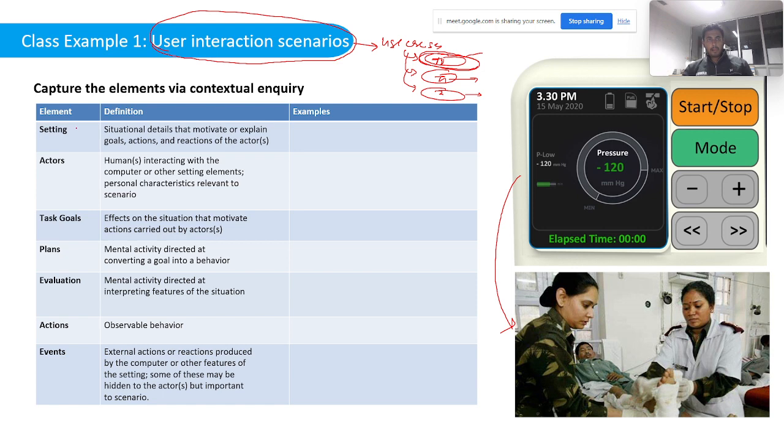Again, you try to capture the elements of a user interaction scenario via contextual inquiry. Contextual inquiry means the different techniques you use to capture or record that information. Okay, so now tell me, how do you define the setting?